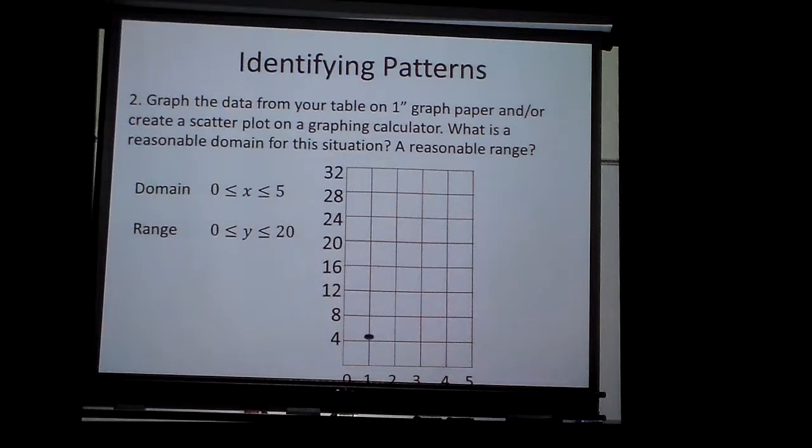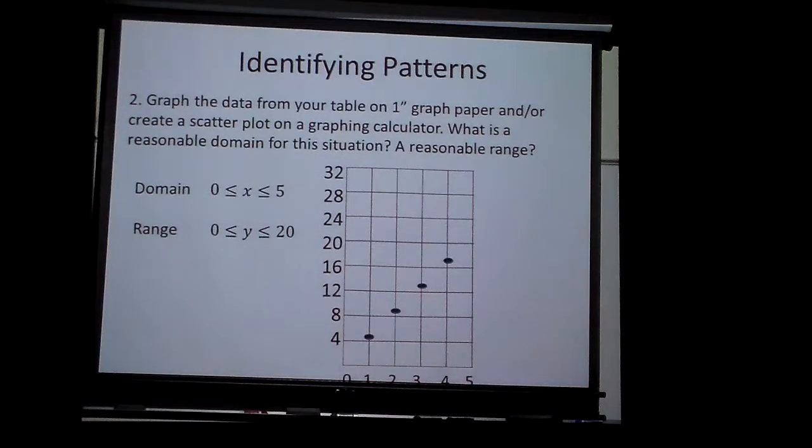When I had 1 block, I had 5 to graph. 2 blocks, I had 9. 3, I had 13. And 4, I had 17. That's what this graph would look like, going up at a constant rate, the same pattern. So knowing that, it's going to go in some sort of pattern here.